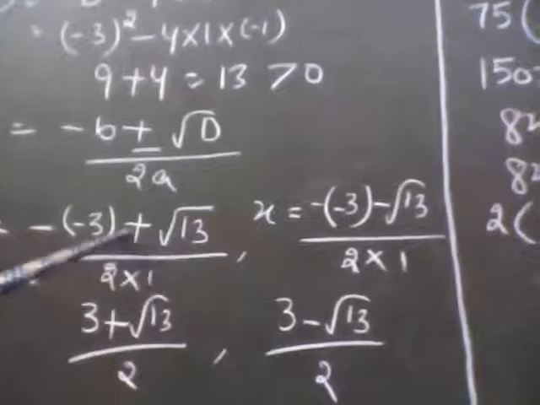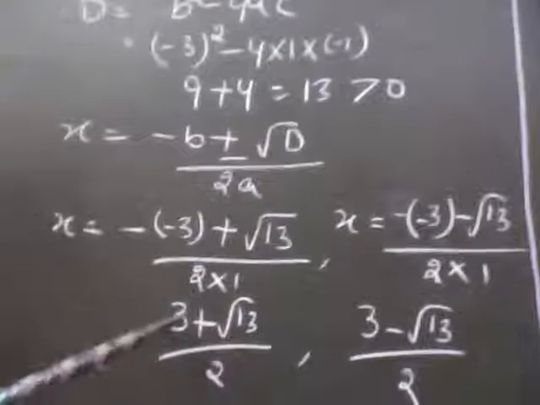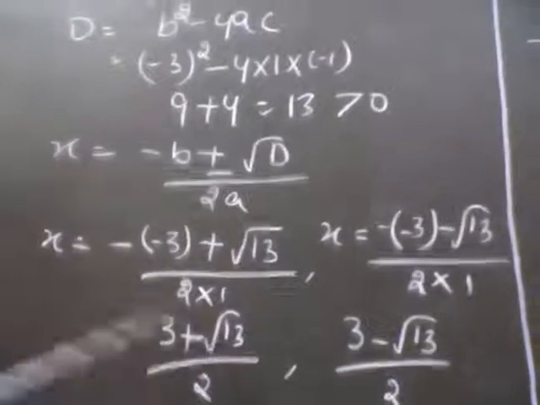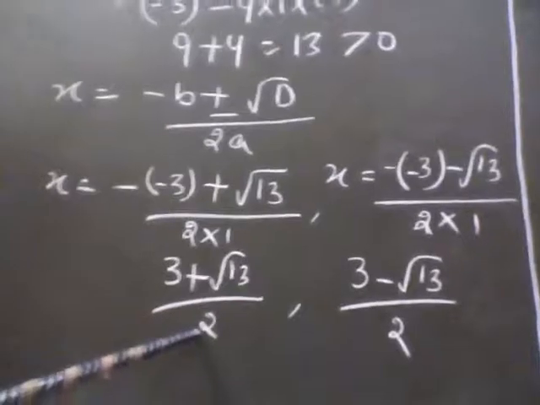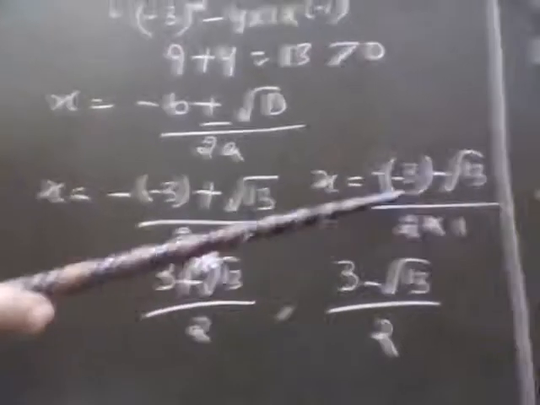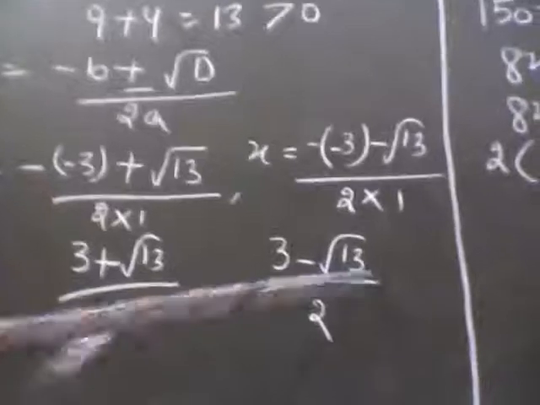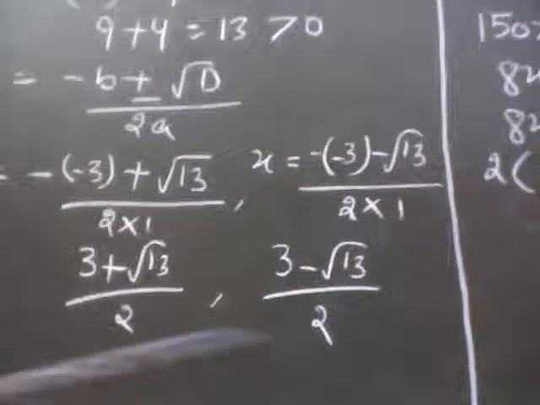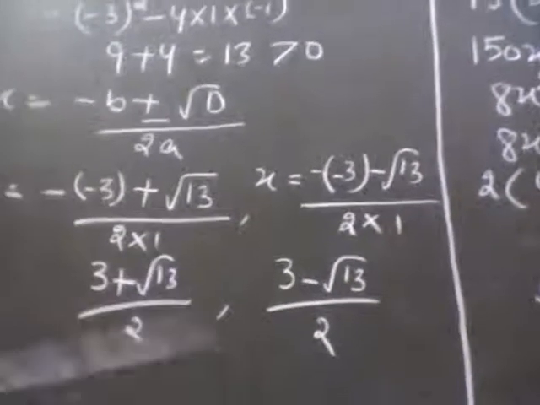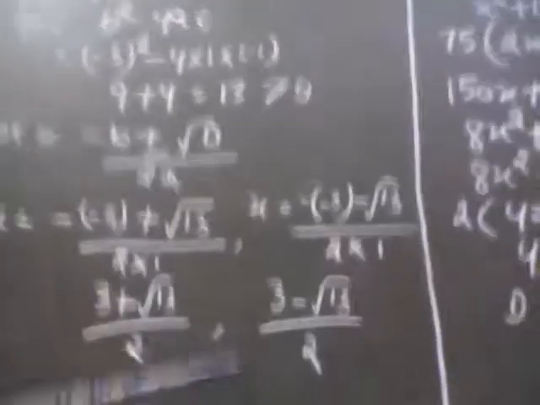Now first of all we'll solve this. Minus minus it will be 3 plus root 13, 2 ones are 2. This is the answer, and from the negative we'll get 3 minus root 13 upon 2. These two are the roots of this equation. This was our question, first part.